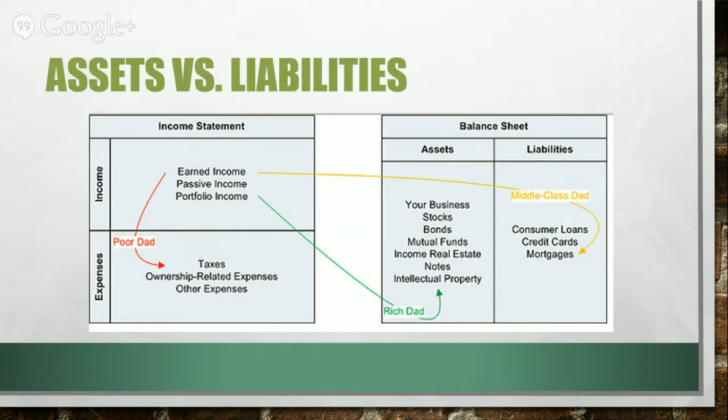The assets, that's what the rich dad actually focuses on. The rich dad focuses on a business that they invest in. It could be his own business, it can be stocks or the market, the real estate market, it could be currencies, whatever the case might be. That is what the rich dad focuses on, and that is how wealth is created.